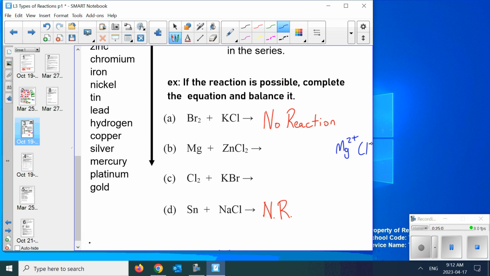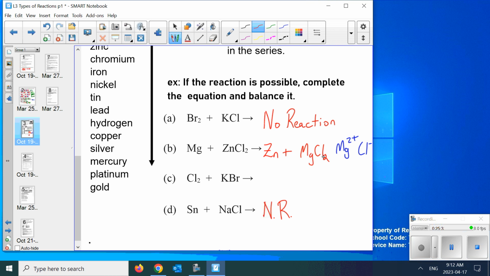Now I can form a compound. First of all, I know zinc is going to be pushed out. So Zn plus MgCl2. That's the blue work, right? 2 positive with a minus 1. Now, when I look at this, it's balanced.